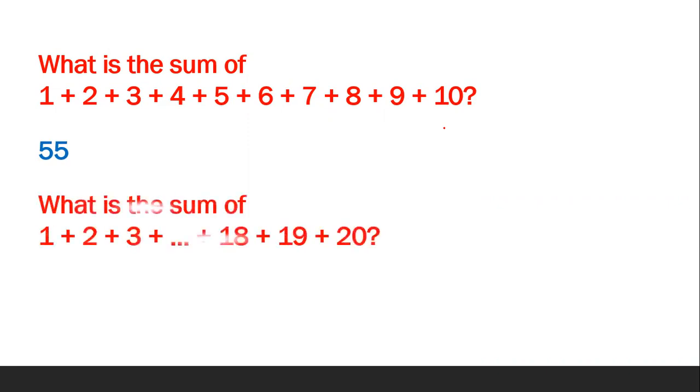Okay, let's build up from this again. Now, what is the sum of 1 plus 2 plus 3 plus 4 plus 5 consecutively up to 20? Okay, you might say that, oh, there are a lot of numbers right now, but it's still not really a big deal, right? I believe that you all can add the numbers. So what is 1 plus 2 plus 3 up to 20?